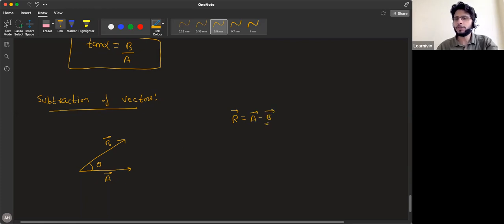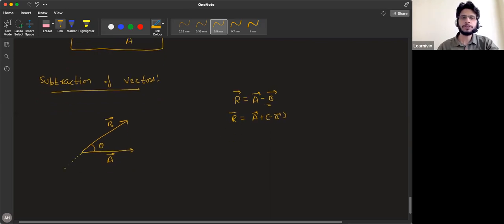Here minus of vector B means you are not subtracting vector B, but you are adding the negative of vector B to A. So if this is vector B, this is the negative of vector B. Just complete the parallelogram.